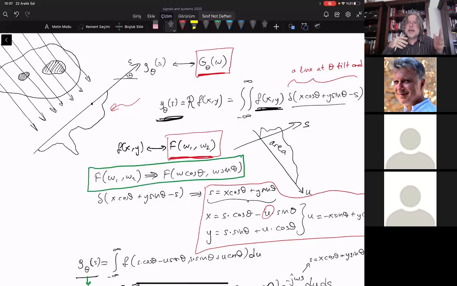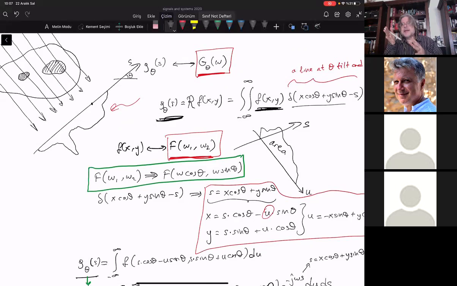Of course, we need extra X-rays every time we change the rotation angle. We have to take the image again and again, at all these angles. So we have to generate several g theta of s for several theta values.